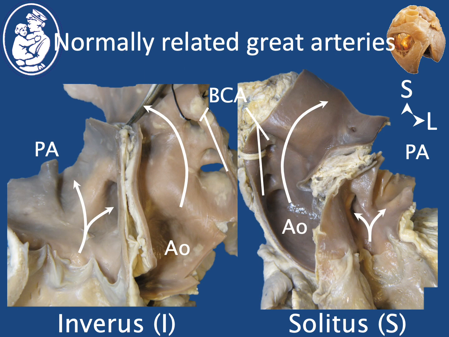These two heart specimens illustrate normally related great arteries. The specimen to the right shows situs solitus normally related great arteries. Here, the aorta is posterior and to the right and forms an aortic arch. Brachiocephalic arteries arise from the aortic arch.